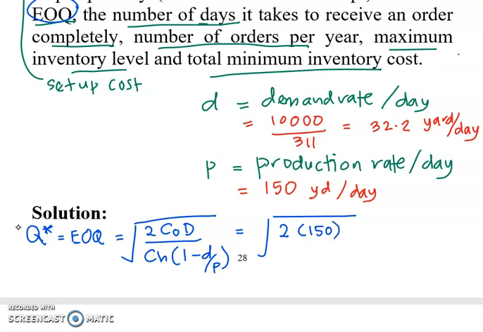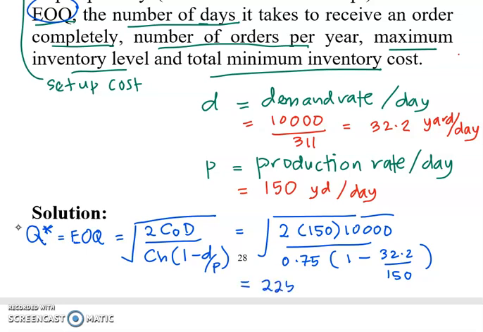And the annual demand is 10,000, divided by the holding cost times 1 minus D over P. So we have 2256.8.